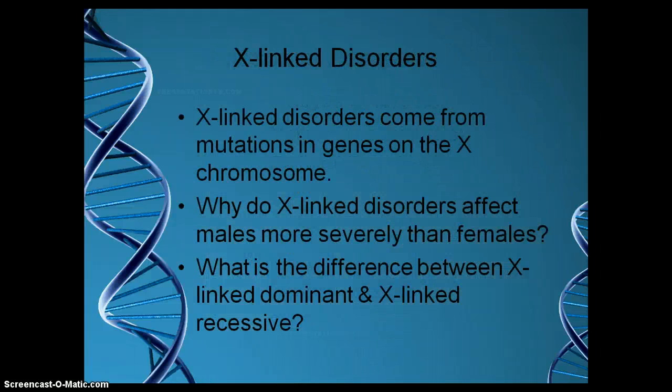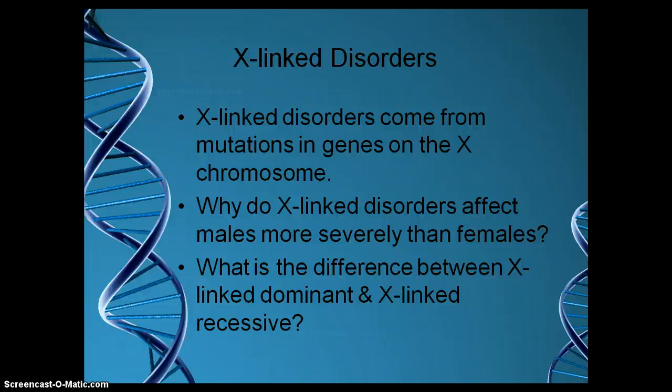X-linked disorders are a different kind of genetic disorder, and what that means is they're on the sex chromosome, the chromosome that's denoted X and Y. But when we talk about an X-linked disorder, the mutation is always on the X, which is the female chromosome. And so X-linked disorders come from the mutation on the X chromosome, meaning that this disorder affects males more severely than females. And why is that?